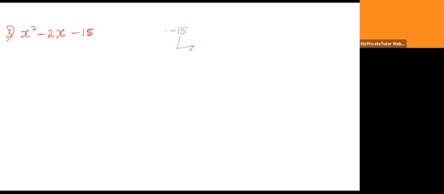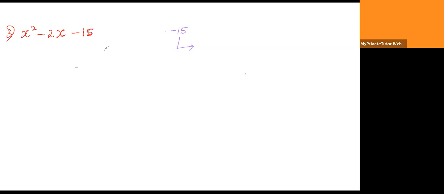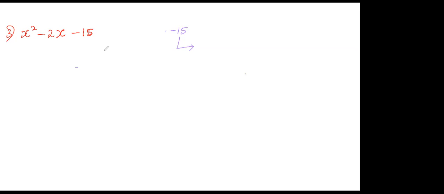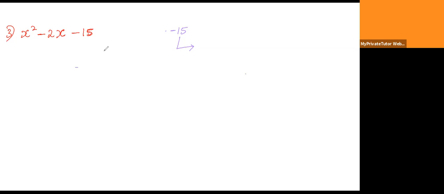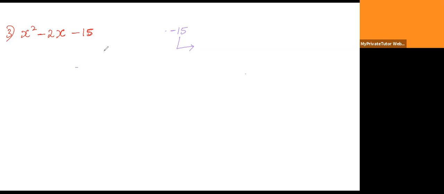So what are the factors of that? 1, 3, 5, -1, -3, -5, and -15. Okay, so now please check what are the two numbers that add up to -2 and multiply to -15.